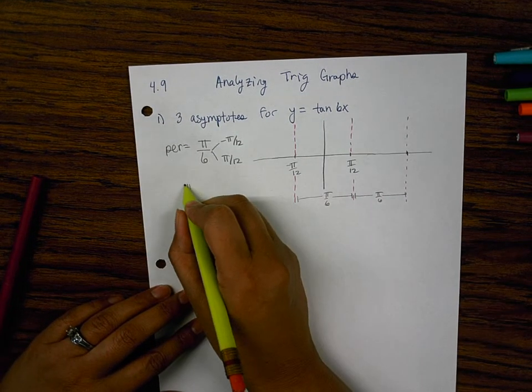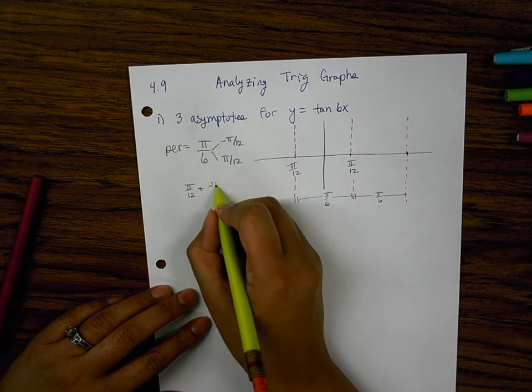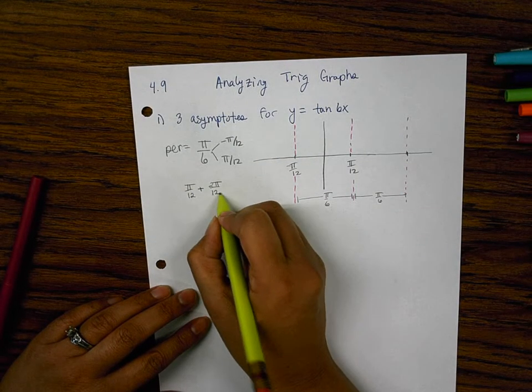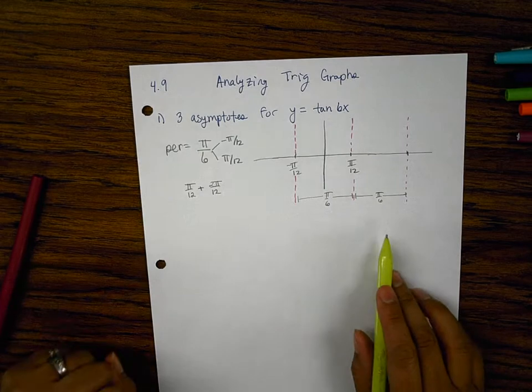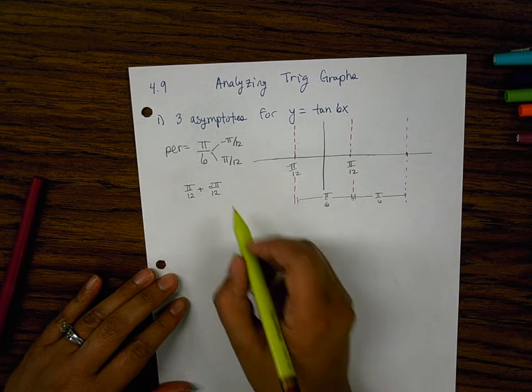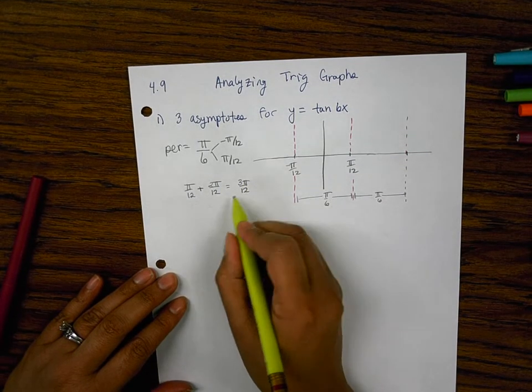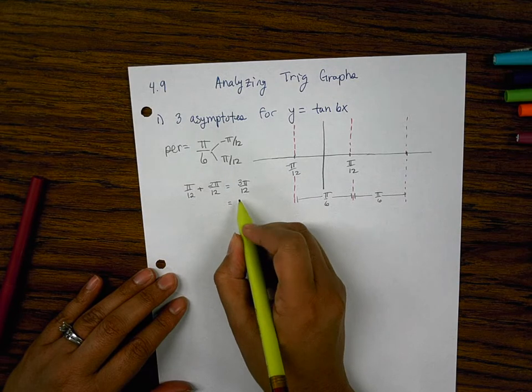So I'm going to do pi over 12 plus 2 pi over 12, recognizing that 2 pi over 12 is equivalent to pi over 6. Adding those together I get 3 pi over 12, which reduces to pi over 4.